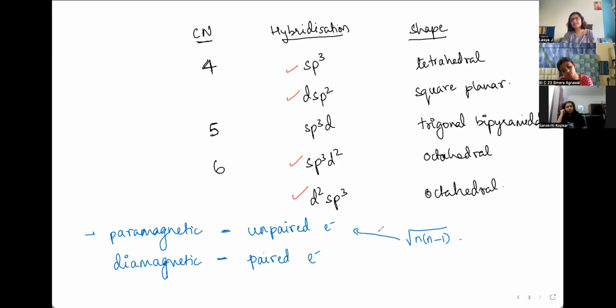If it has any unpaired electrons, it's going to show some magnetic moment. It's going to react to a magnetic field. So by measuring the magnetic moment, you figure out how many unpaired electrons are there, and based on that, you can figure out the electronic configuration.